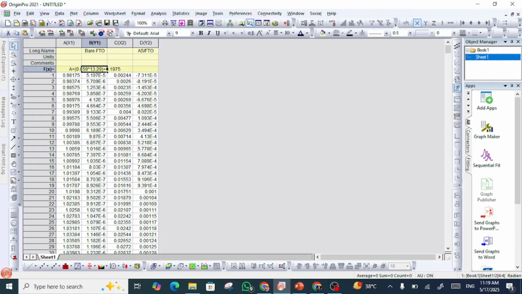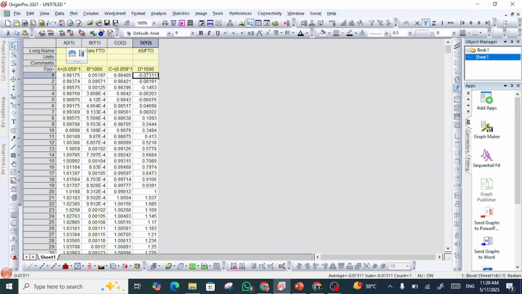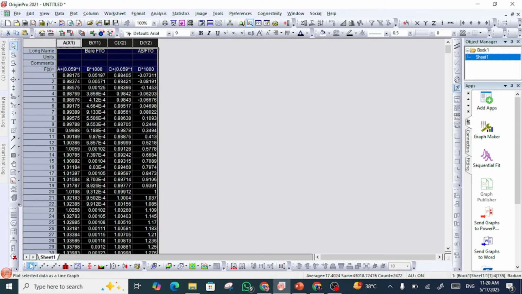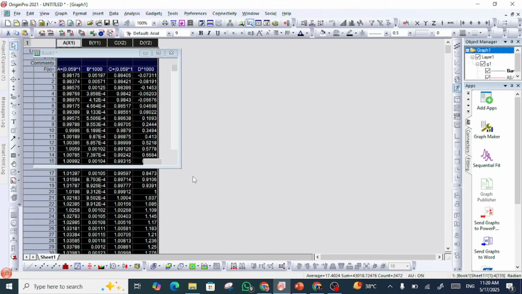Similarly, in column B, we have currents in amperes. So we have to convert into milliamperes. So I will write B multiplied by 1000. Same process will be repeated on C. Now I will make sure that the axes are XY and XY. Then select all the columns and plot a graph.